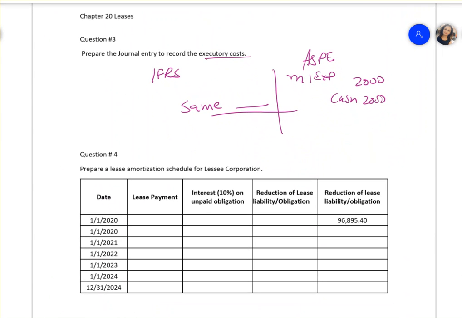Now if we calculate the present value of our lease payment, this is different. The other two examples we started with 100,000. In this example we are starting with 96,895, and the first payment is due 23,237 and 09.